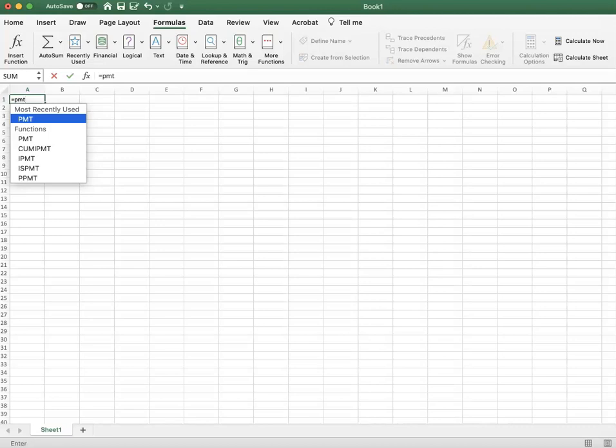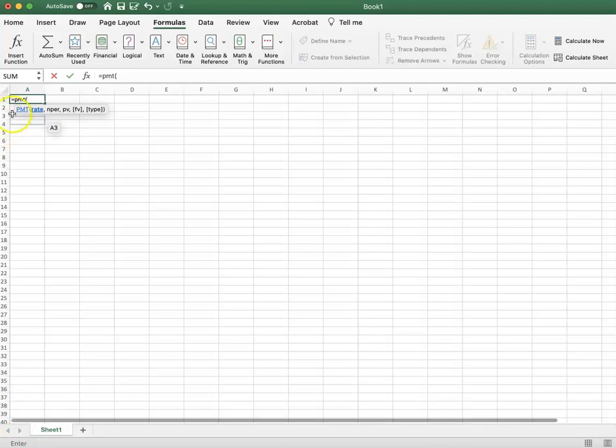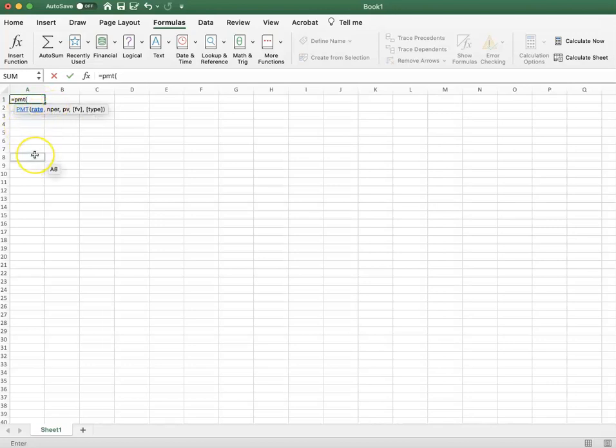If you had not put in the equal sign, it would not draw the formula. Then you hit a parenthesis, and that's going to start the payment formula. You will get a hint below telling you what you should type in, and if you forget, you can always just click on either the function name or the section that you're in to help you learn how to type that in.